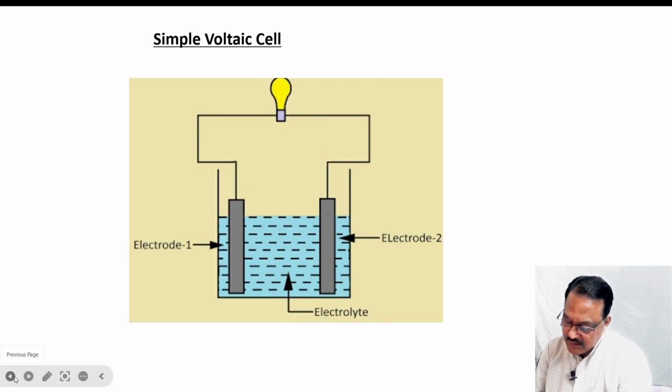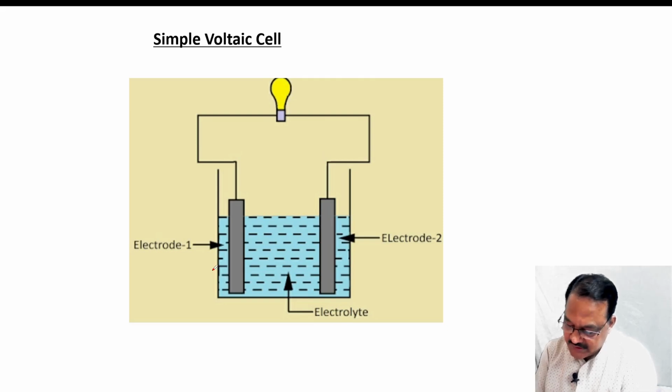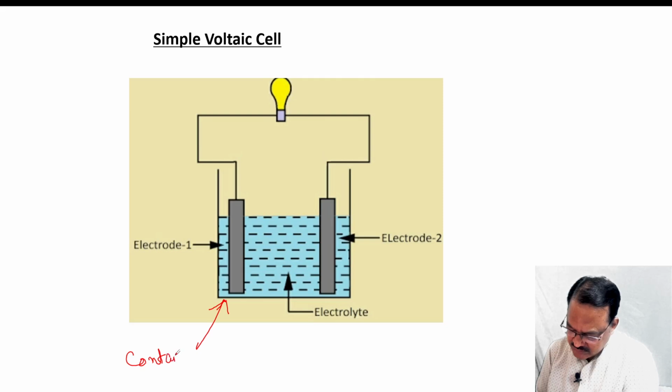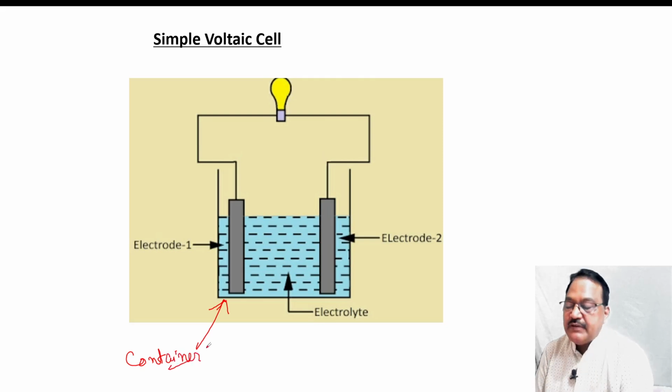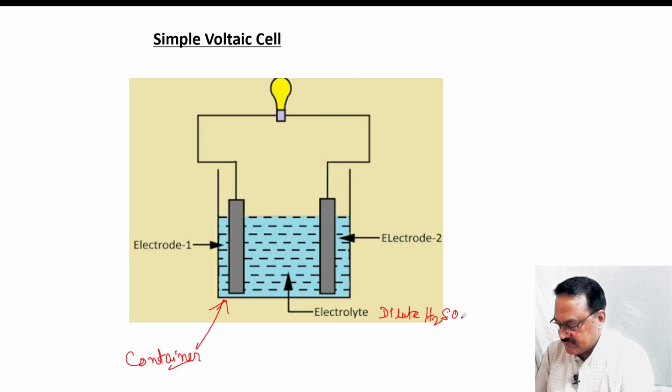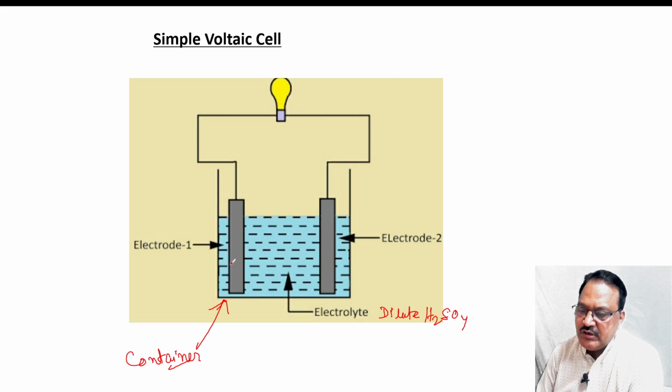See what I told. This is the container, it may be a metallic container. The electrolyte is dilute H2SO4, sulfuric acid. This is called an electrode or conductor.